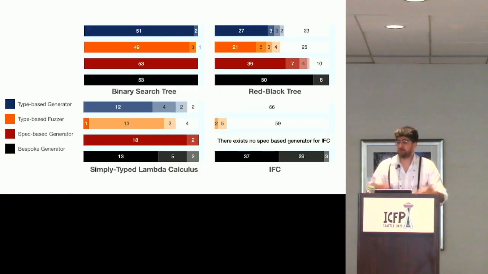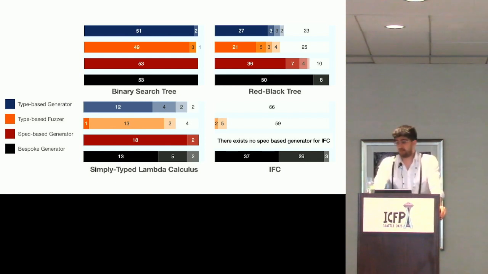And again, looking at the whole picture, although we see a similar trend, we have two twists here, and they're both in IFC. So the first thing we see is that there is no specification-based generator for IFC. And the reason for that is IFC doesn't have one inductive specification that defines its validity as a precondition.